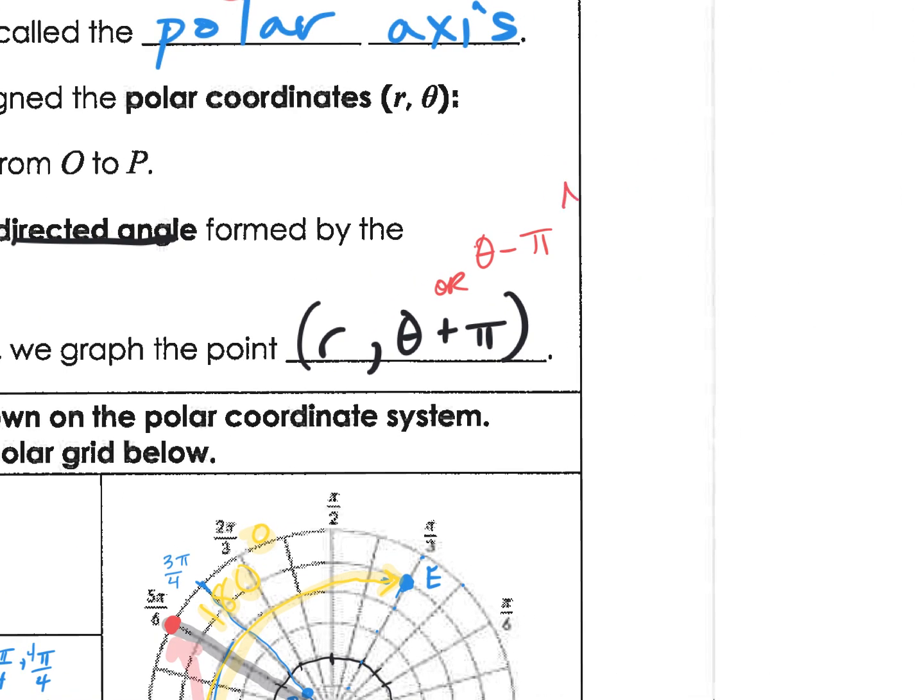But remember, we only do this if it would end up bigger than 2 pi. So either way.